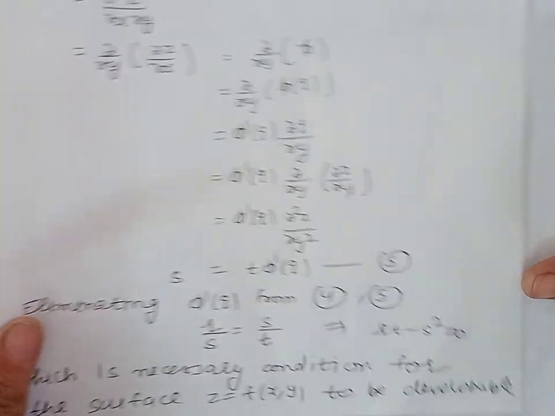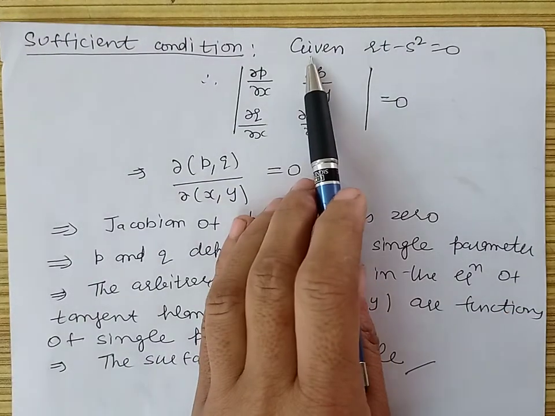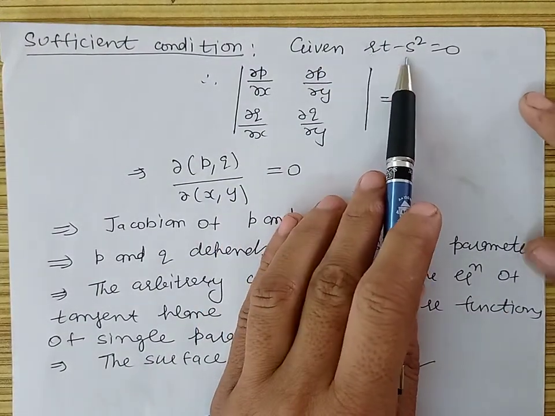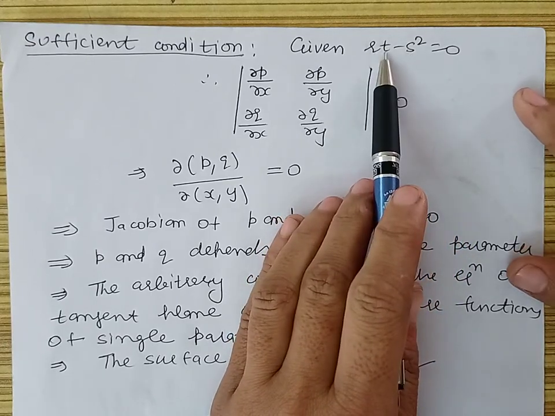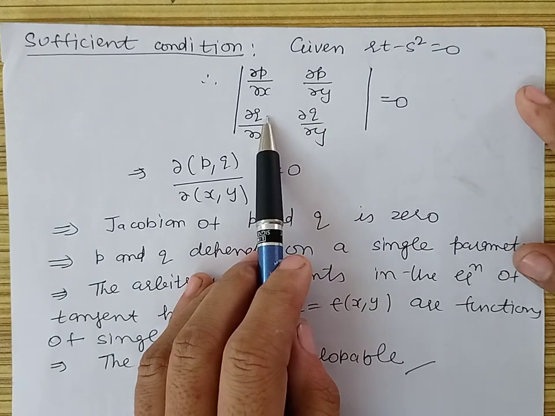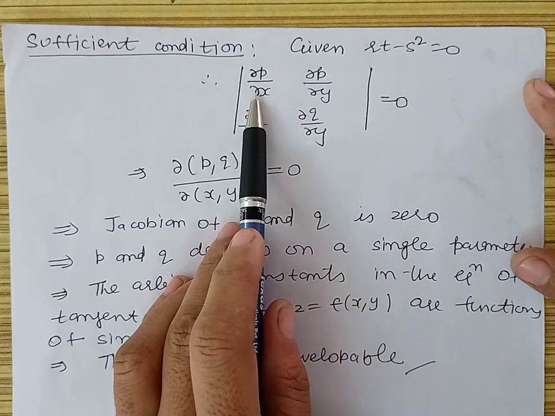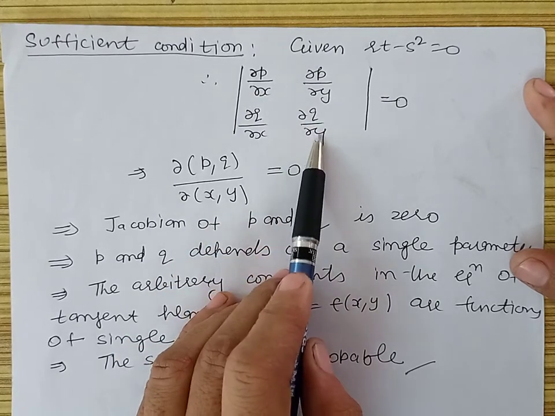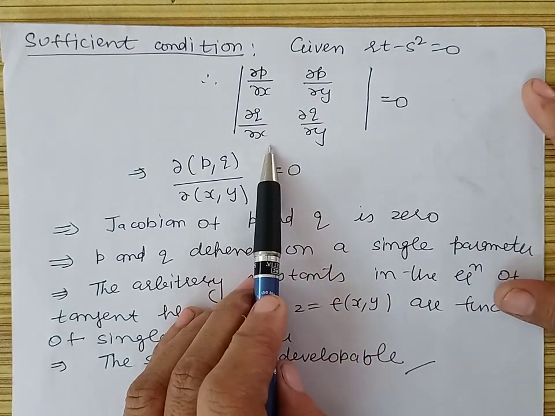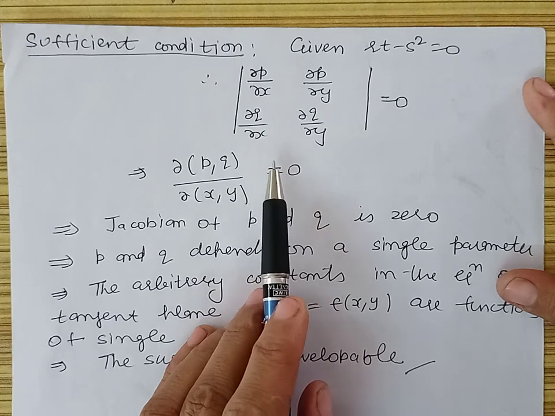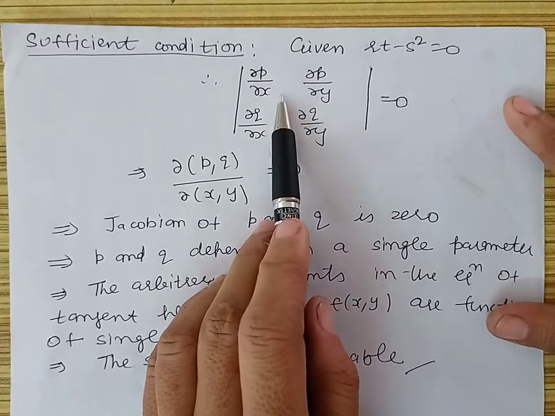Now to prove the sufficient condition. In the sufficient condition, we are given that R into T minus S square is equal to 0. Now substituting the values of R, S and T, as we already discussed, R is ∂P/∂X, T is ∂Q/∂Y, and S is ∂P/∂Y or ∂Q/∂X, because on the surface the second order partial derivatives with respect to X and Y are the same.